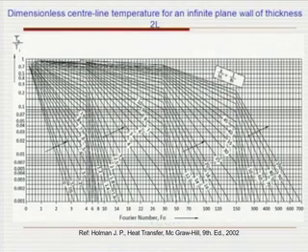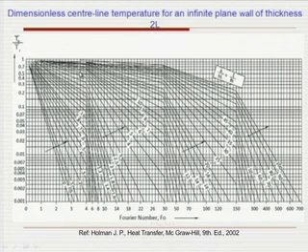So, for the Fourier number around 13.28, we go to the 1 by Biot number of 21, and we get a value. This value of T0 by Ti is coming around 0.55.